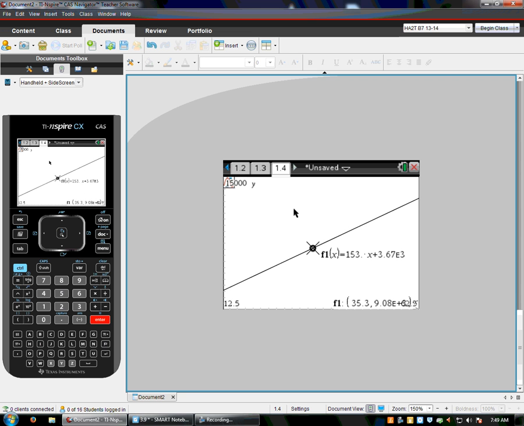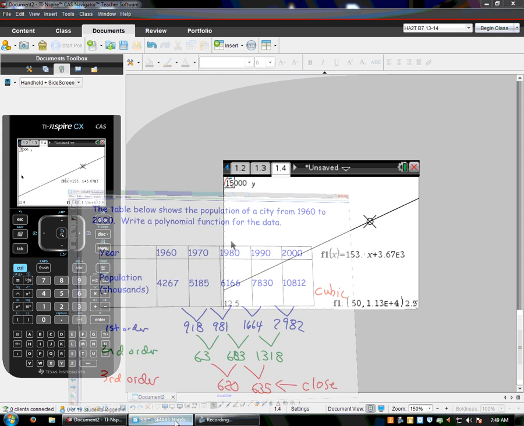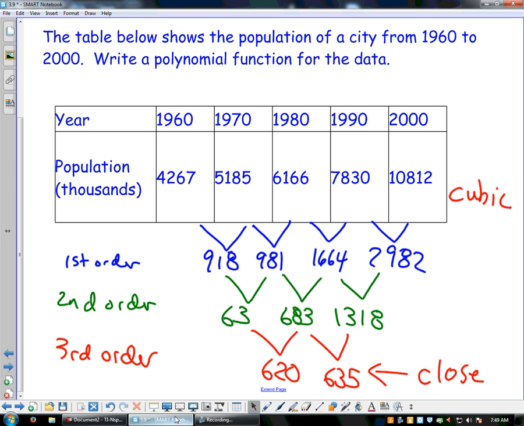I just lost it. Let's see, 50. So it would be 11,300, I believe, our prediction for the year 2010. 2010, 11,300, something like that.